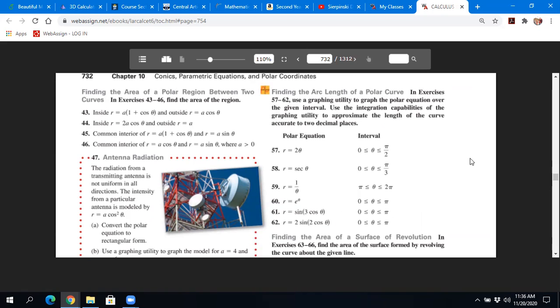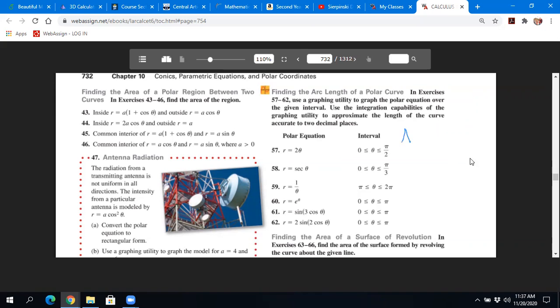I don't know if you remember this or not, but hang on, it says in these use a graphing utility to graph the polar equation over the given region and use integration capabilities of the graphing utility. That's not very encouraging. That probably means that you're going to end up with something that's not integratable. That's not that surprising though, because the arc length formula has a gnarly square root in it.